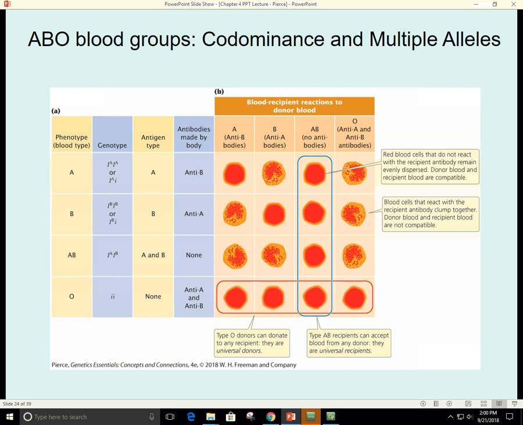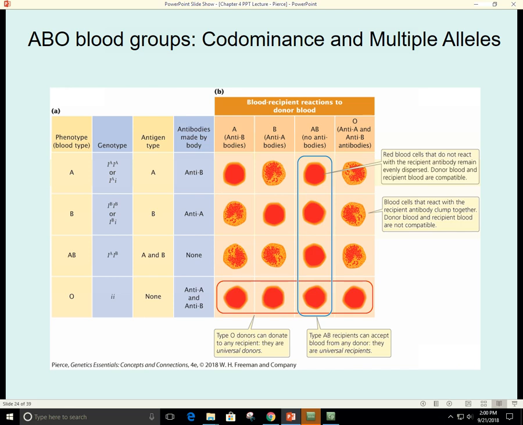So for example, there's an A allele for blood type, there's a B allele for blood type, and you can have a genotype that has one A allele and one B allele because they're alleles of the same gene. And so if you have an A and a B, then your phenotype is A and B, because these are glycoproteins that are displayed on the cell surface.